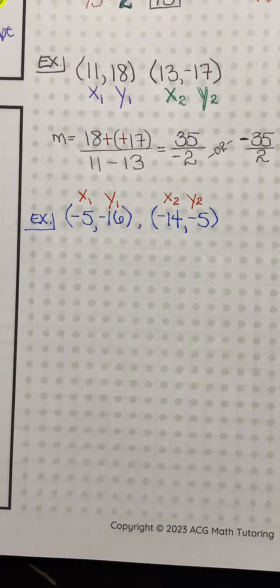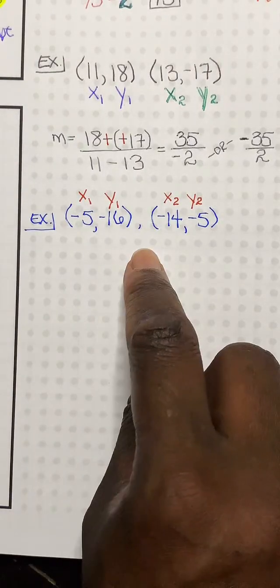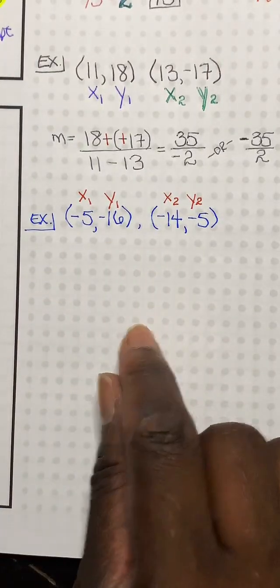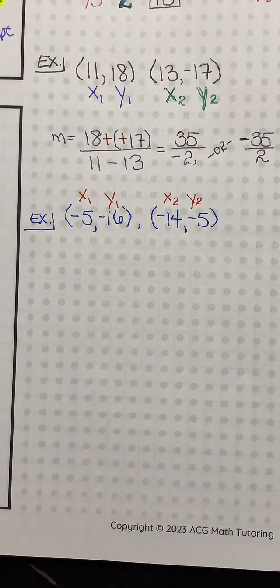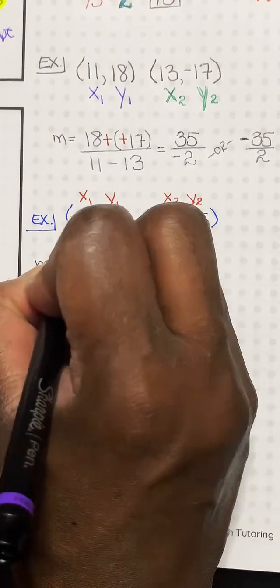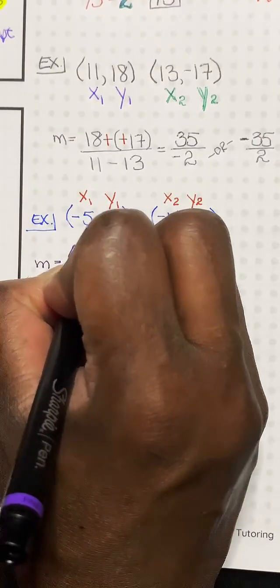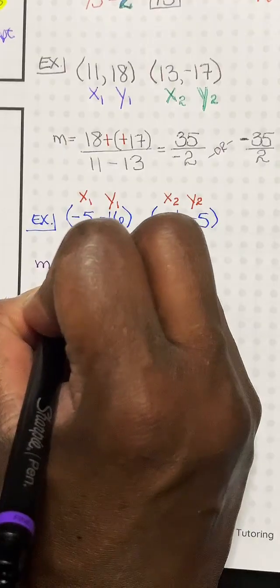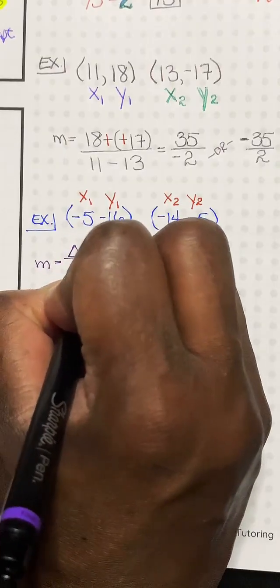So remember, it's always going to be the change of y over the change of x. When you hear change, it means delta. So it's like this. m is equal to the change of y over the change of x.